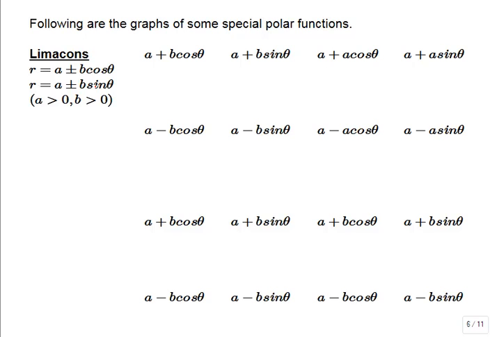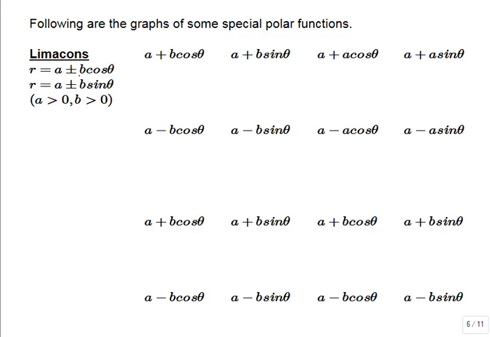So the first kinds of common polar graphs that you are going to see are things of this form over here, where you have r on the left, and then you have some number a that's either plus or minus some number b times either cosine theta or sine theta. And these are called limaçons. And there's different kinds of limaçons based on the size of a and the size of b.